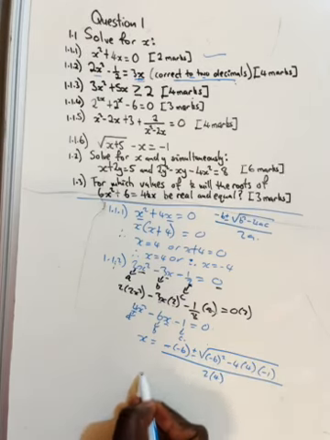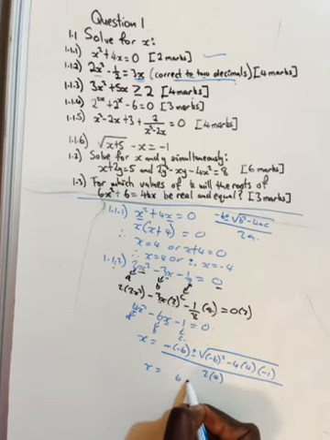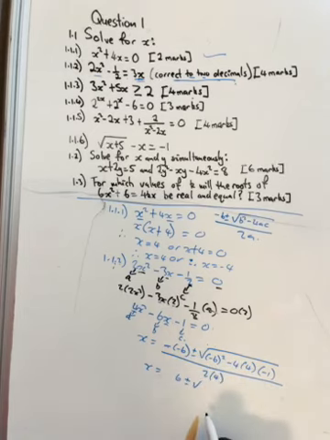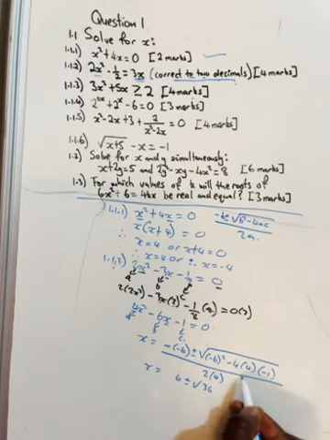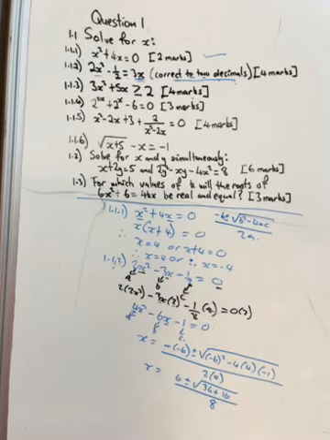Then negative times negative is a positive, so here I've got positive 6 plus or minus the square root of 36, and negative times negative is a positive 16, all over 8.